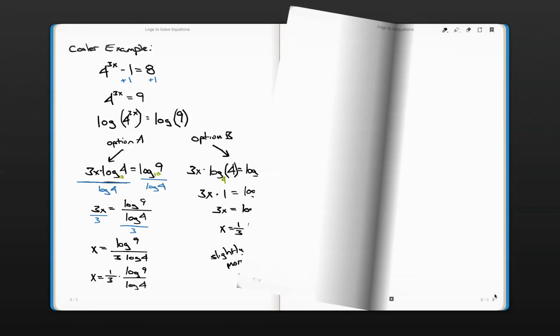Let's do another example here. And let's do, oh yeah, we haven't done one with natural logs yet. So let's say a natural log example. My handwriting's degrading here.